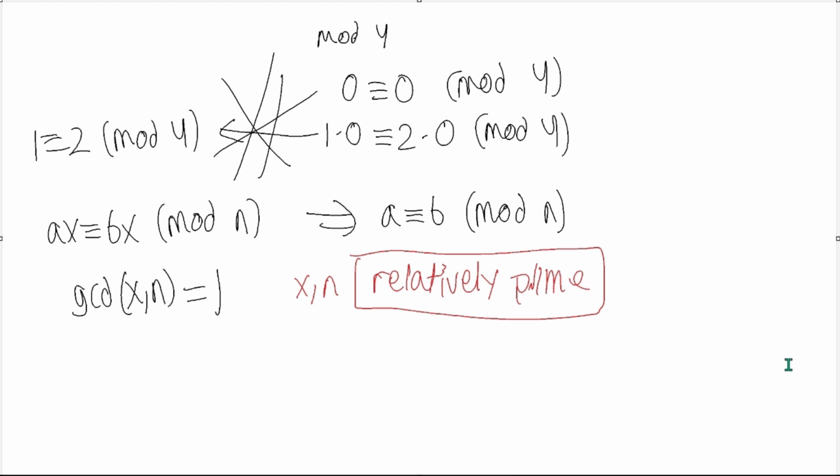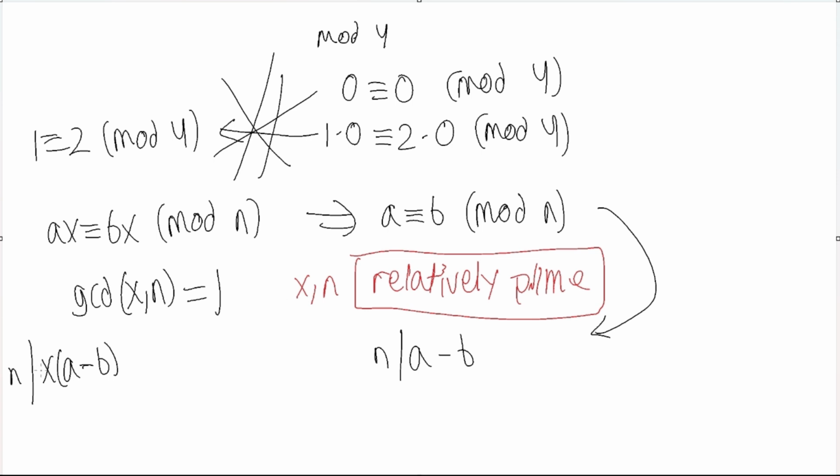And how come this is true? Well, we note that ax is equivalent to bx modulo n if and only if x times a minus b, which is the difference between the two sides, is divisible by n. And this one here happens if n divides a minus b. So we're only really missing this factor of x here.